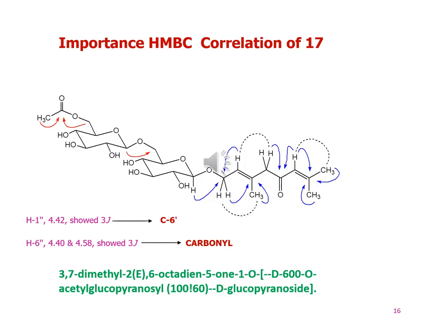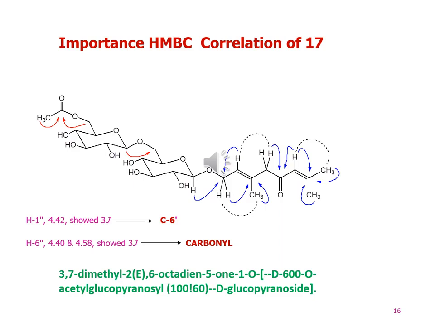Similarly, the attachment of the acetate moiety at carbon 6'' was confirmed by the downfield shift of carbon 6'' as well as the HMBC interaction of proton 6'' with the carbonyl.